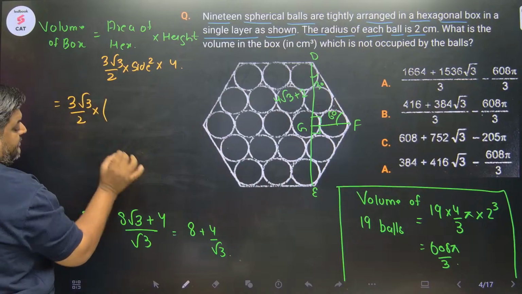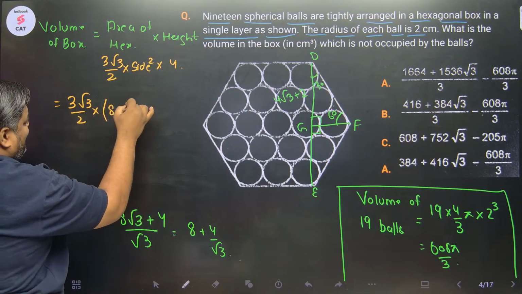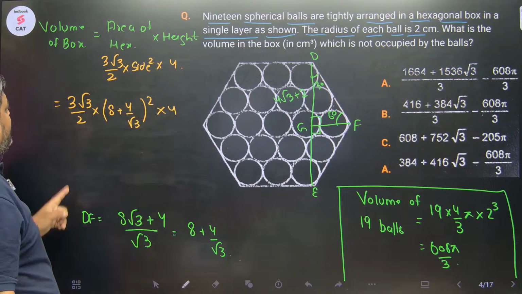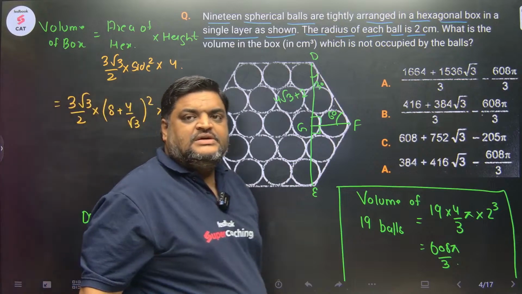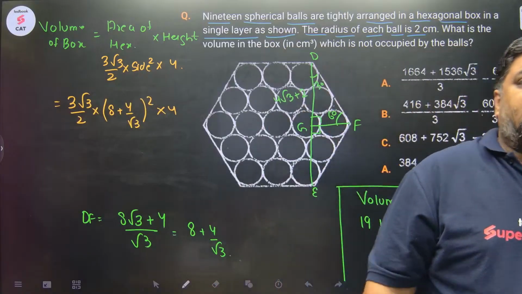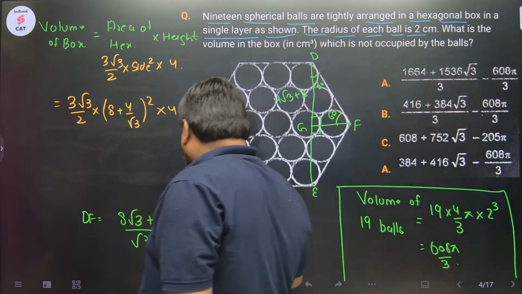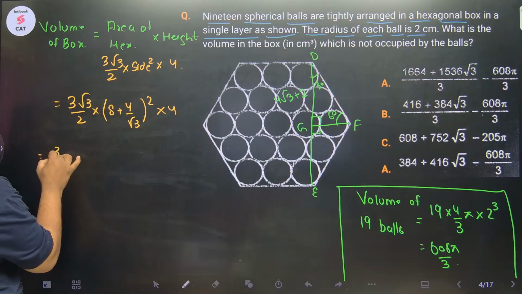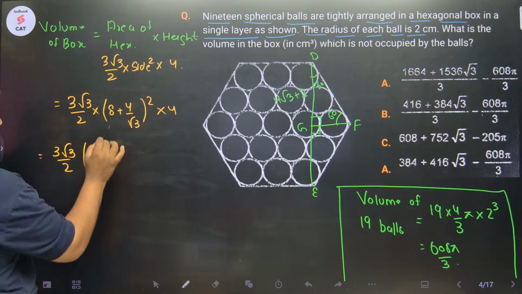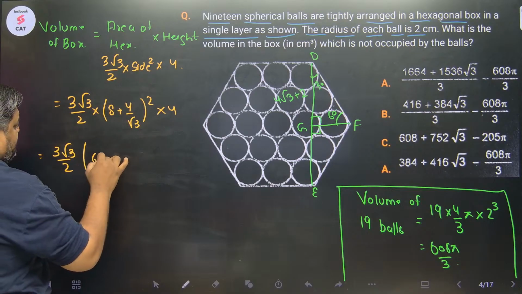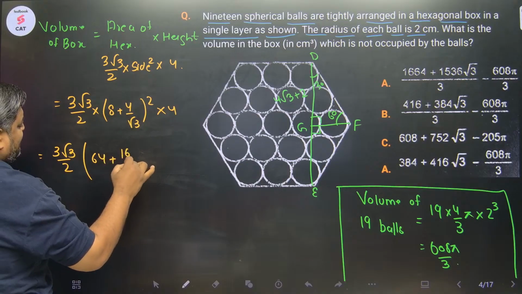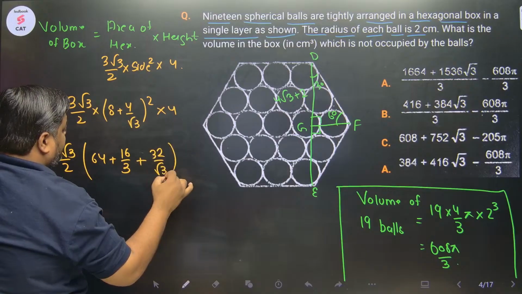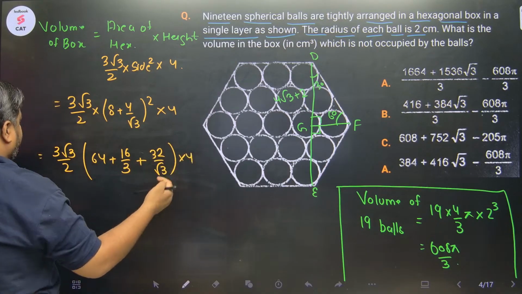3 root 3 upon 2 into (8 plus 4 upon root 3) whole squared, multiplied by 4. And this becomes the volume of the box. Let's square it: 64 plus 16 by 3 plus 32 upon root 3, into 4.